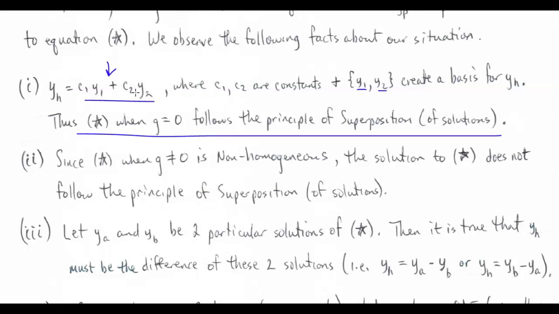Now, we know that star is a non-homogeneous ODE, meaning that g is not equal to 0. So we know that those solutions, whatever they are, can't follow the principle of superposition as we've stated here.